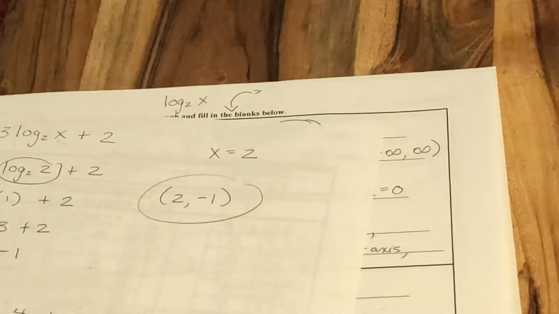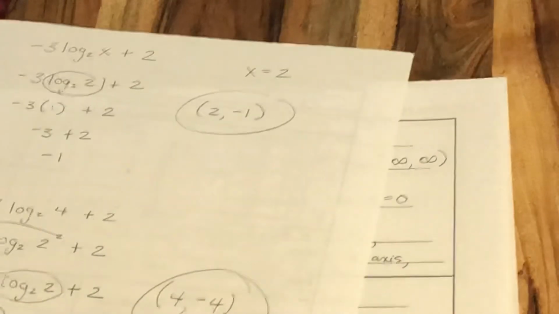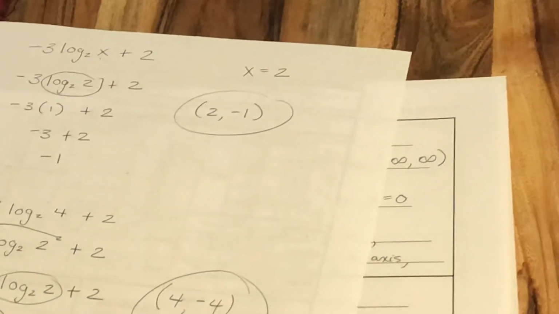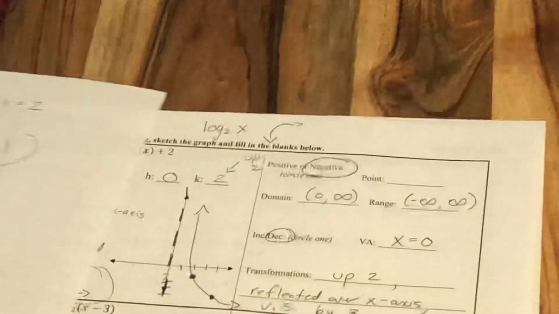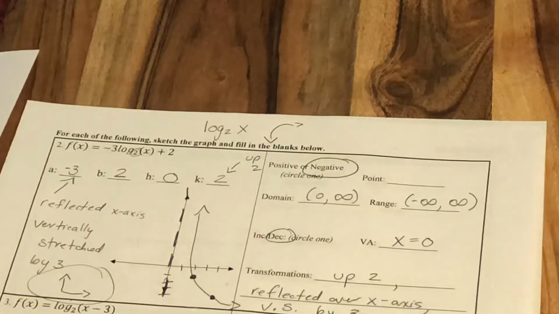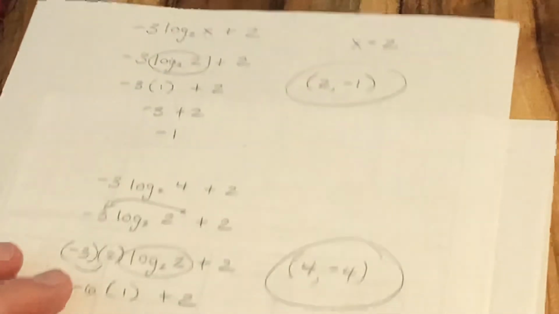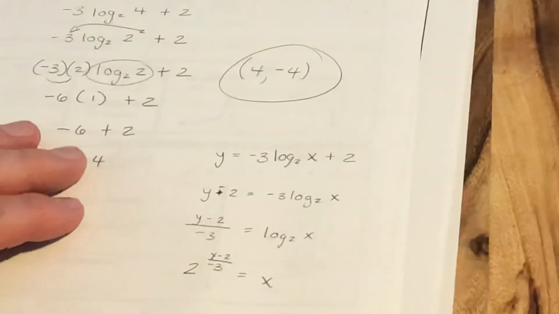And that's 2 raised to all of that. 2 raised to y minus 2 over negative 3 equals x. Let me see how this is going to work if I plug in negative 4: negative 6 over negative 3 is 2. Perfect. Okay, so now let's go over to what I did.